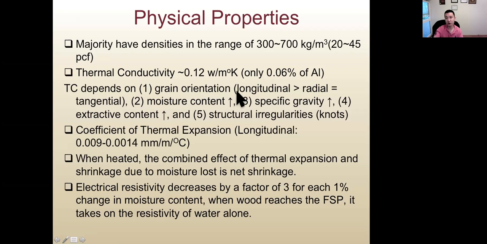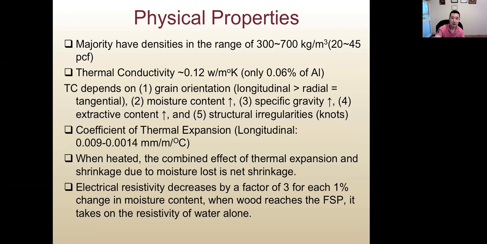For longitudinal direction, thermal conductivity is higher than the other direction. Increased moisture content of wood will also increase thermal conductivity. Increased specific gravity will also increase that, and so does extractive content and knots and other irregularities.